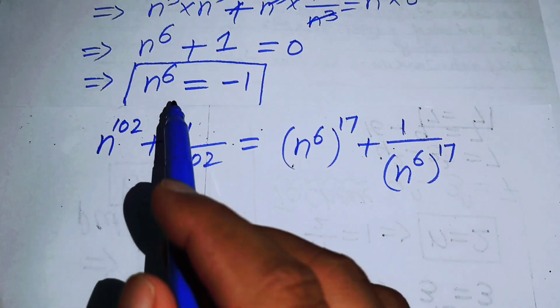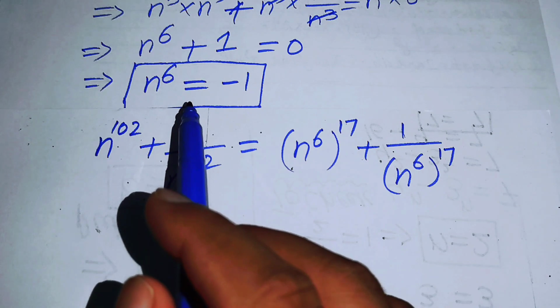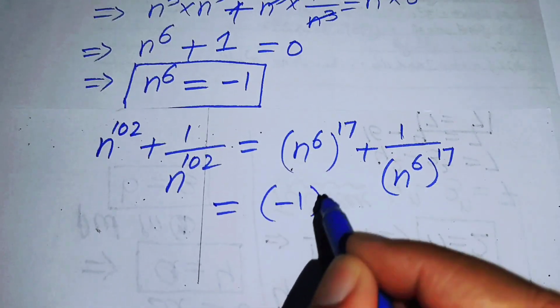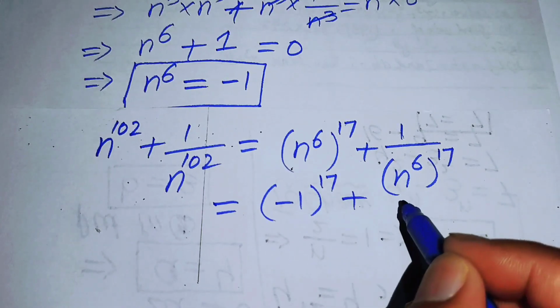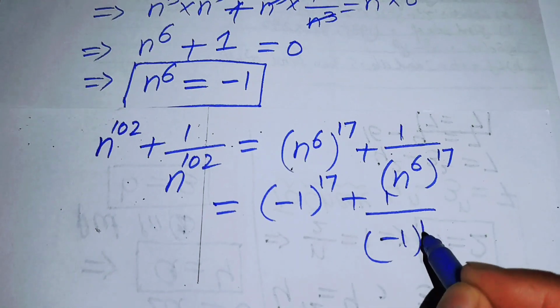So we can put the value of n to the power of 6 here, and you will get minus 1 to the power of 17 plus 1 over minus 1 to the power of 17.